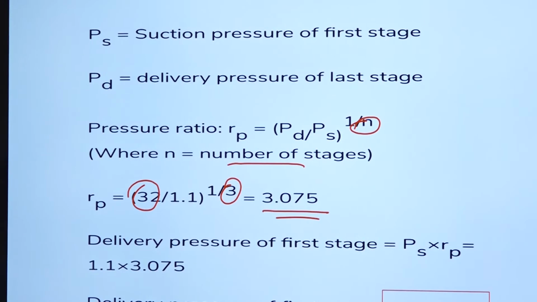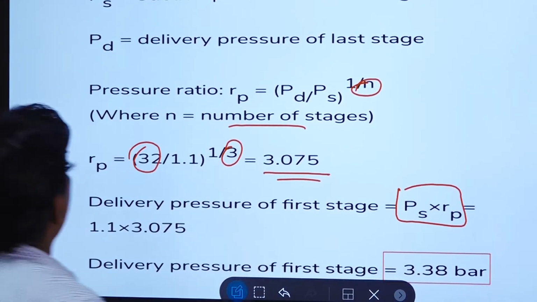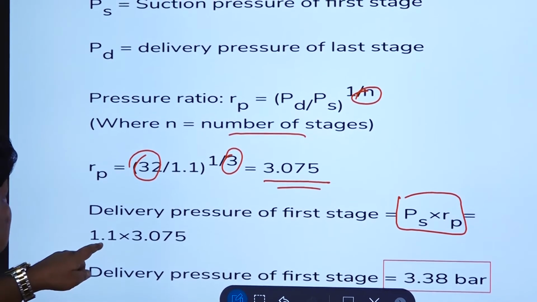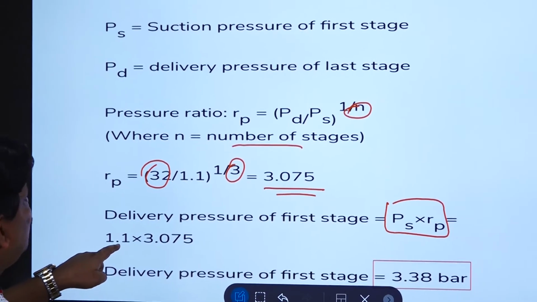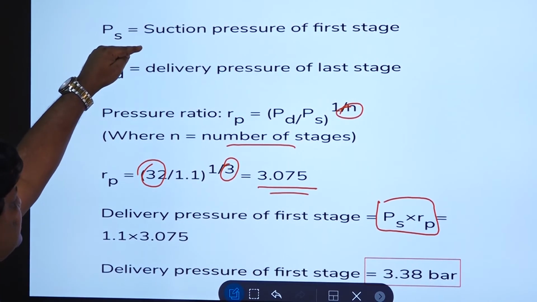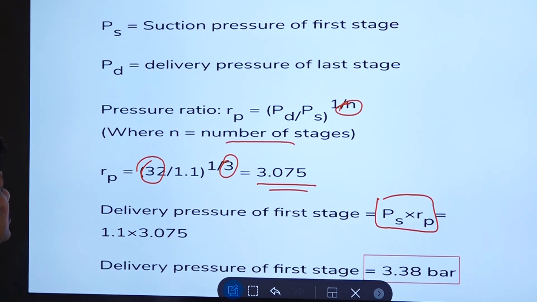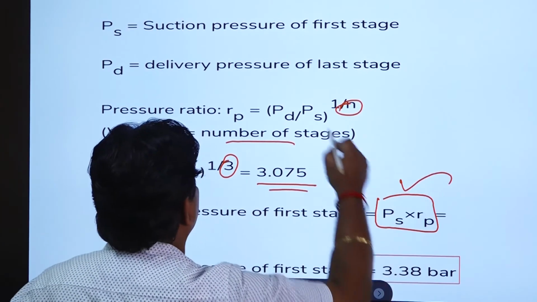So the delivery pressure of the first stage can be given as PS into RP. The value of PS is given to you, that is 1.1 bar at the initial stage, that is the suction pressure of the first stage, and this is the pressure ratio. So you have to remember these two formulas.